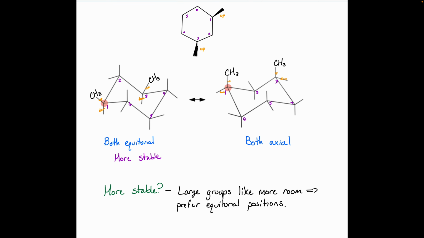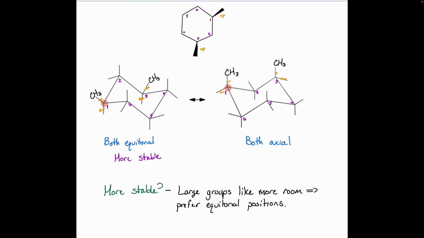All right. And then we got to monitor these groups as we do our chair flip. So making sure we can map from one side to the other here. And then lastly, addressing which one of those two conformations would be the most stable. Again, if we have any large groups on there, those large groups are going to prefer to be in the equatorial position.